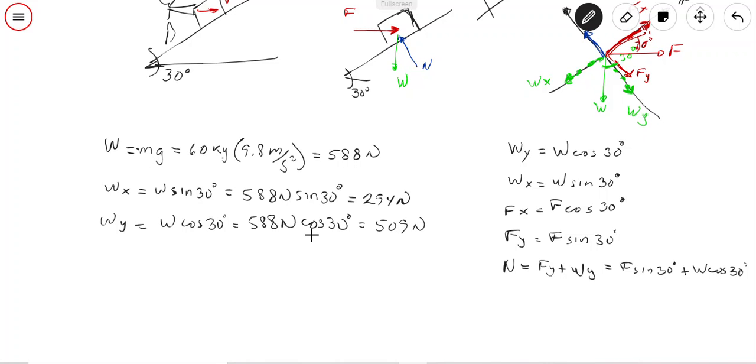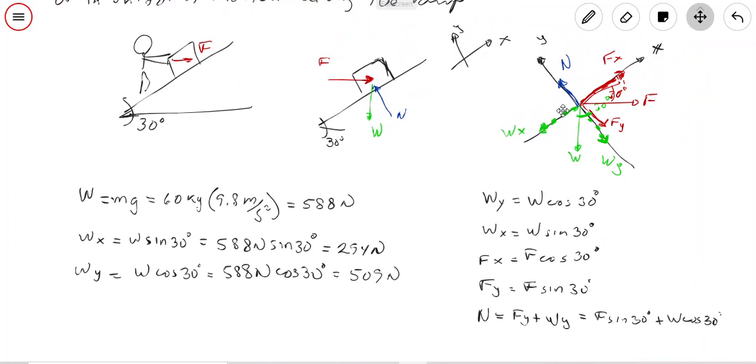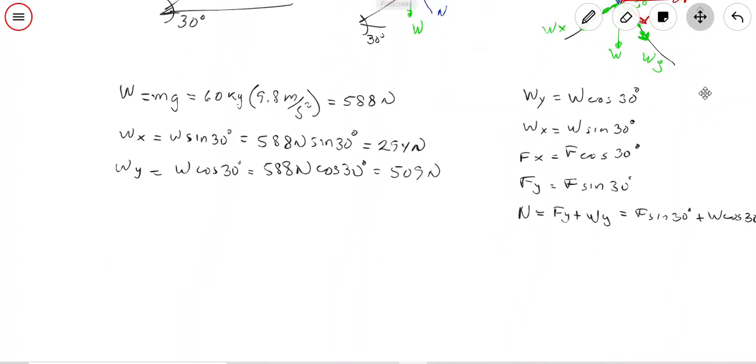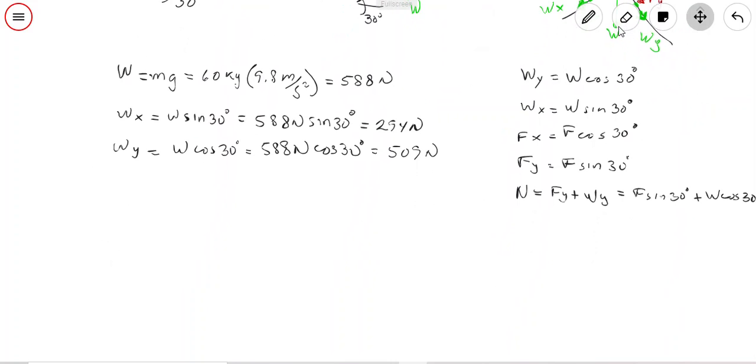In this case, we know that Fx is going to be equal to Wx because those are the only forces that we have on the x-axis. So Wx and Fx are equal. They are just the only two forces projected on the x-axis. Remember that this is a rest or uniform motion, so there is no net force on the x-axis. So Fx is equal to Wx, equal to 294 newtons.